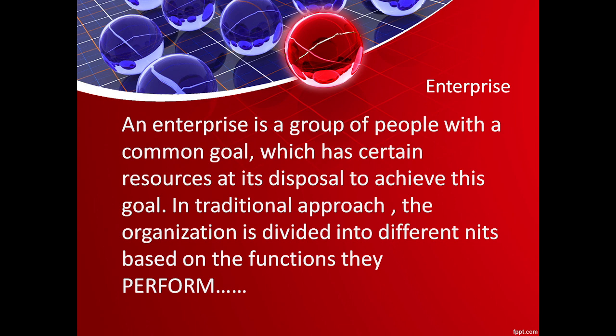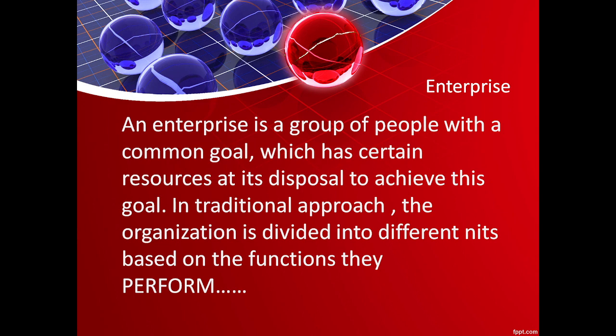And in order to achieve the common objective, they process the work and divide the work amongst themselves, and then they start the departmentalization, or you can say the units are divided between them. So in this process they perform certain functions.